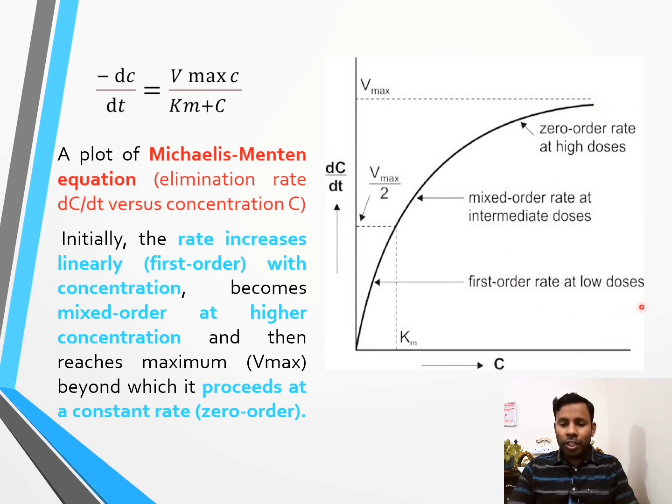At low dose, it will follow first order kinetics. At high dose, it will follow zero order kinetics. But at intermediate dose, neither low nor high, it will follow mixed order kinetics. So this is Vmax, the theoretical maximum rate of the process, and this is half of the Vmax. So this is the Michaelis-Menten plot.